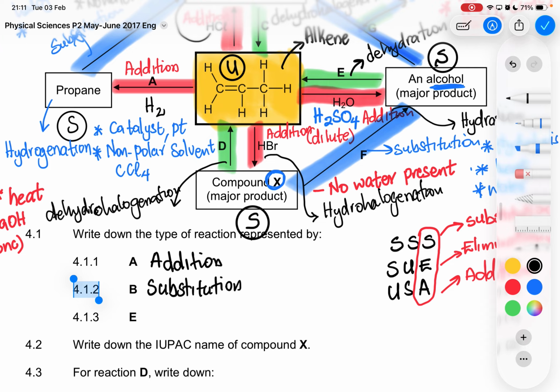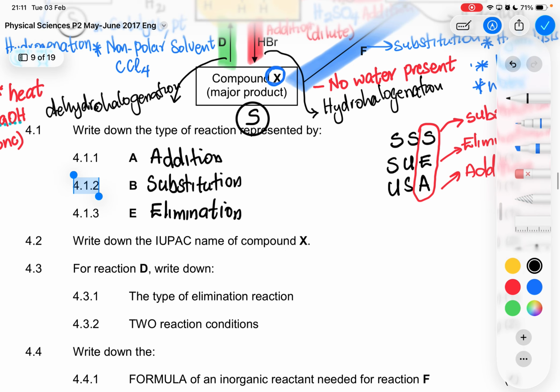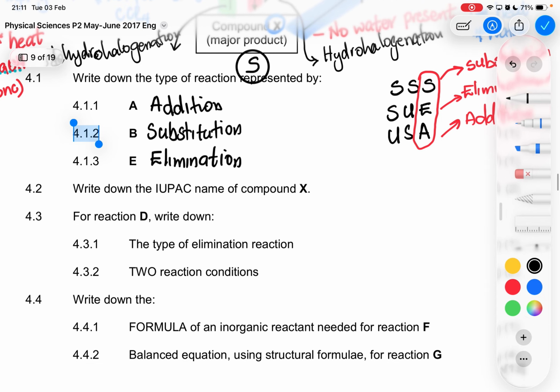Okay. Reaction E, from the data, we said it is elimination. I'm not sure if you are unable to see this from the data I've analyzed for you, that you're not engaging with it. All right, 4.2 says you must then give an IUPAC name of compound X.